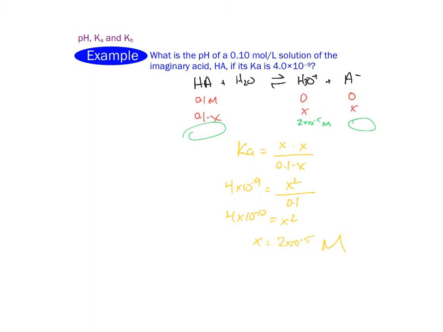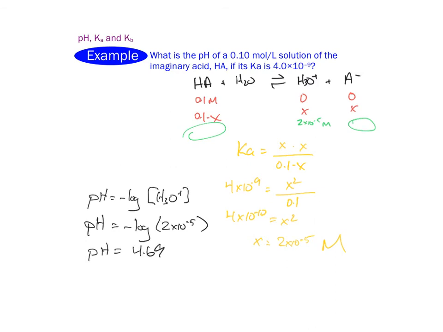We just need to use the hydronium ion concentration to find the pH, because we know that the pH is the negative log of the hydronium ion concentration. So in other words, we're going to figure out the negative log of 2 times 10 to the negative 5. And when we do that, what we're going to find is that the answer is 4.69. So the pH of the imaginary acid is 4.69.